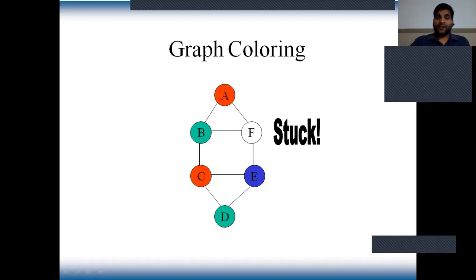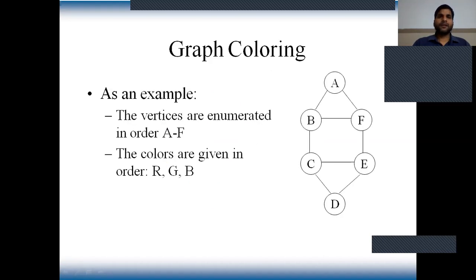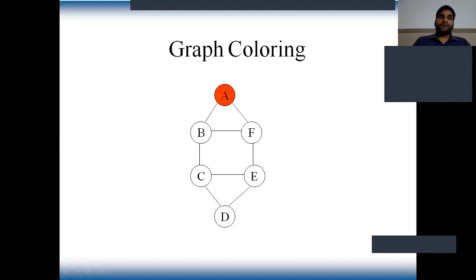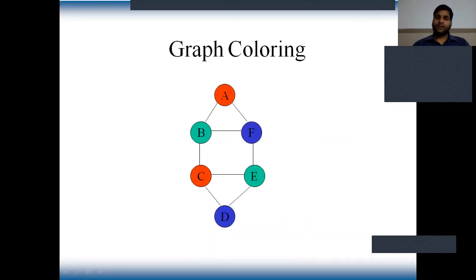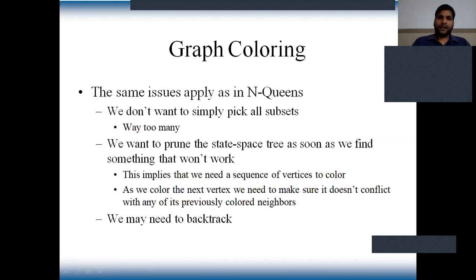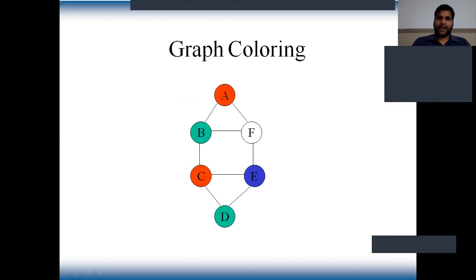Now we can get stuck here because, given a graph, we apply only three colors. So we follow the backtrack approach. We can apply the graph coloring like that.